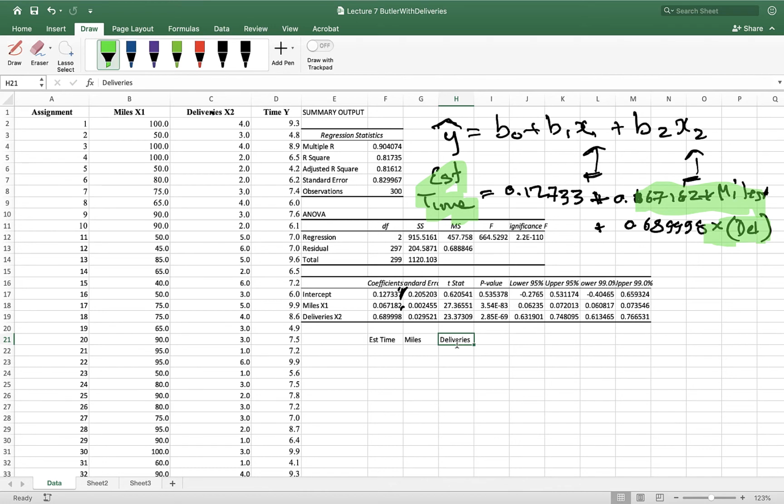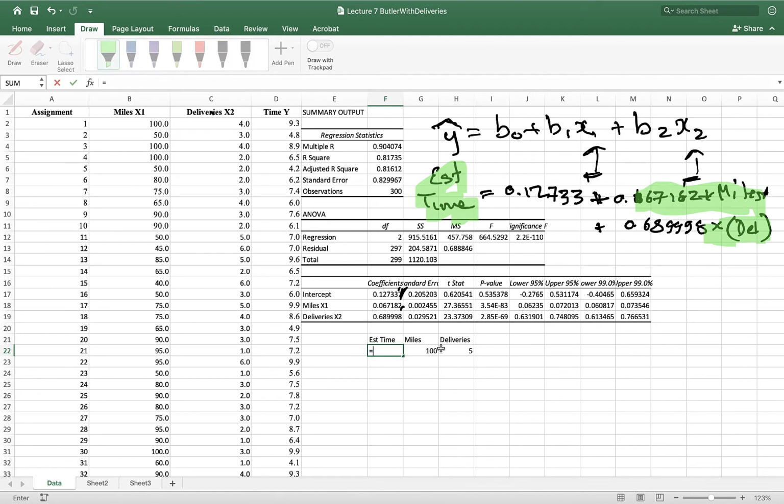So we can actually work all that out. Let's suppose that somebody's going to drive 100 miles and make 5 deliveries. Okay. So how are we going to work out the estimated time? Well, I'm just going to put 100 in for miles and 5 in for deliveries. I'm going to get Excel to do the work for me.